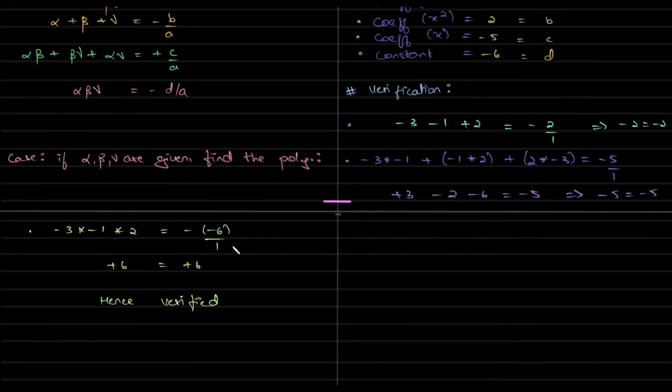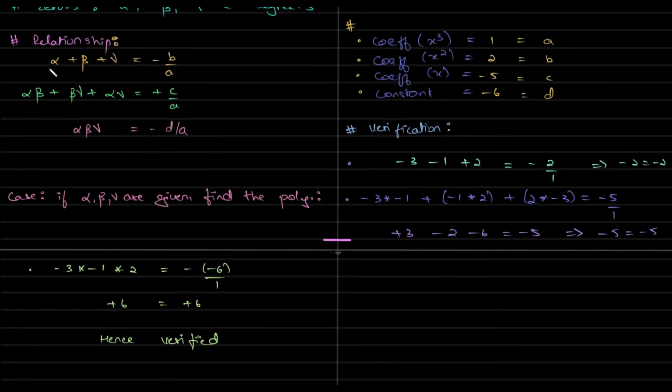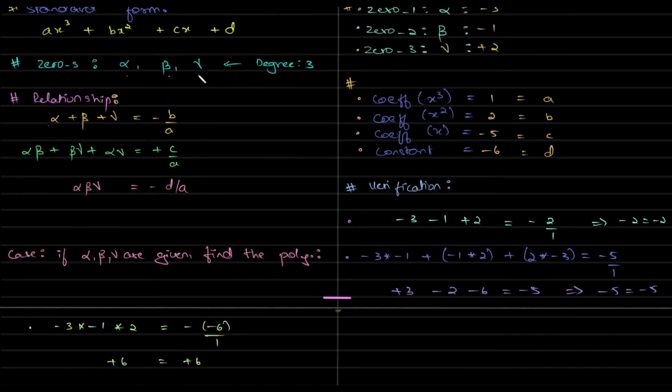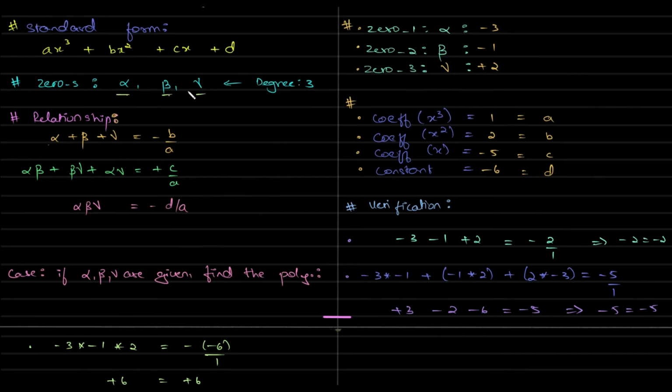Okay, right? So here we have three zeros, and they have been called as alpha, beta and gamma. Remember, these are Greek letters, right? Instead of A, B, C, D, it's just alpha, beta, gamma. It's another letter, and you need not think too much about it. It's just a symbol.